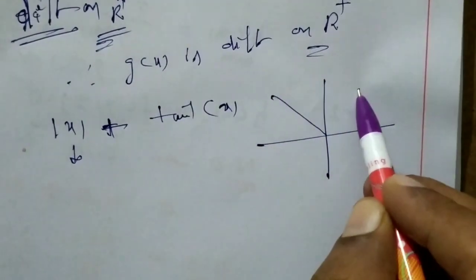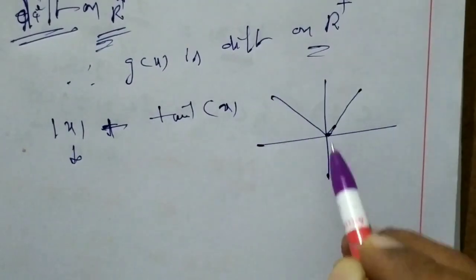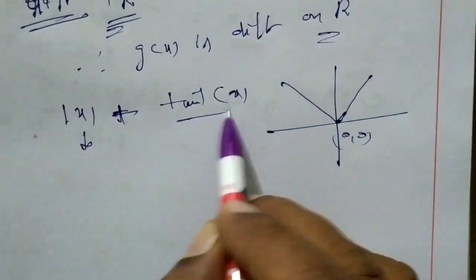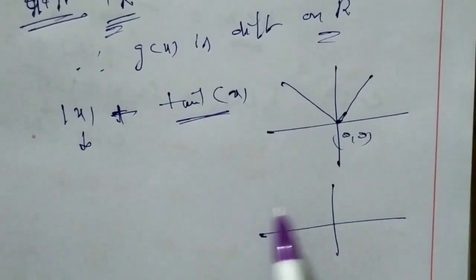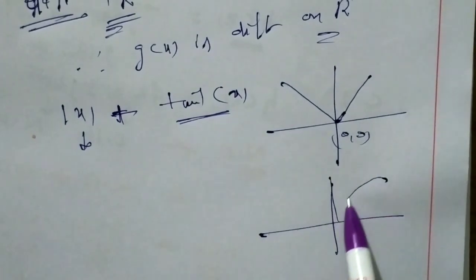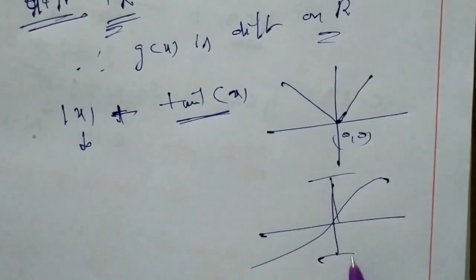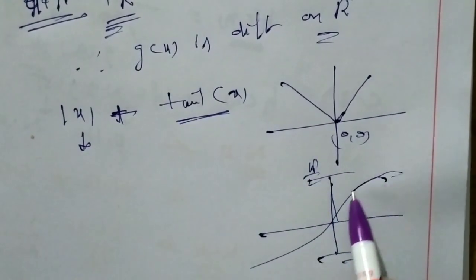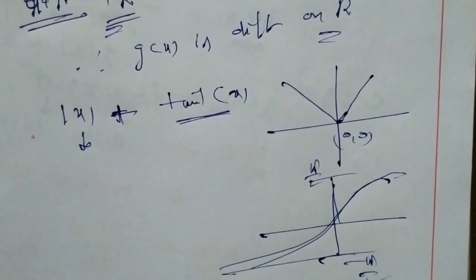Mod x is a V-shaped graph. At the origin, it is not differentiable. And tan inverse x is differentiable everywhere because it is a smooth curve between minus pi by 2 and plus pi by 2.